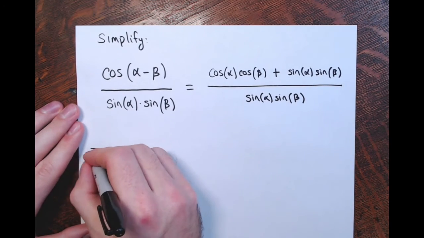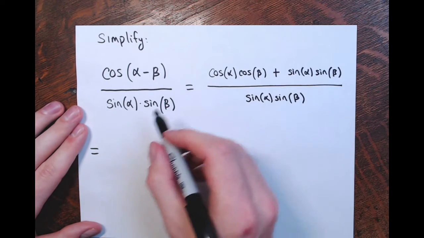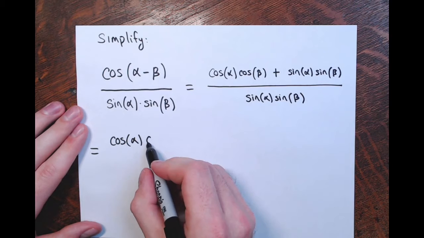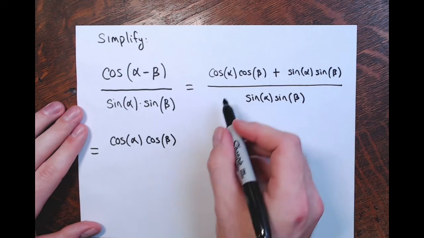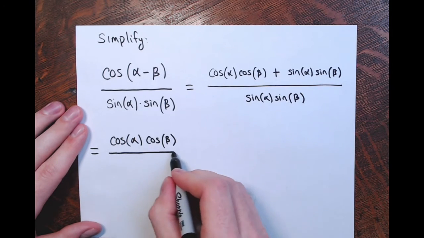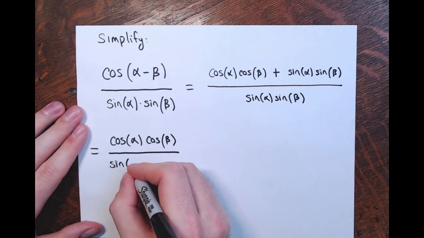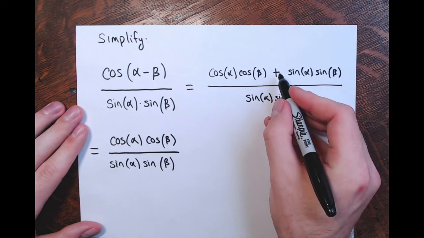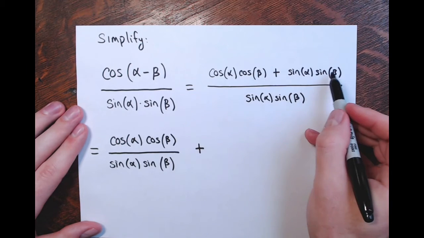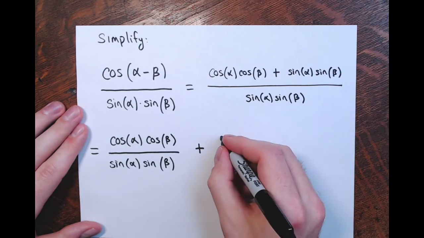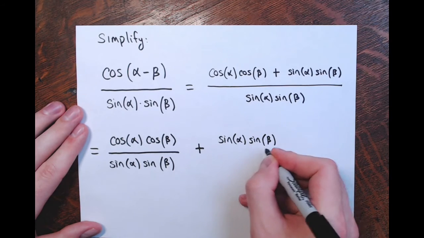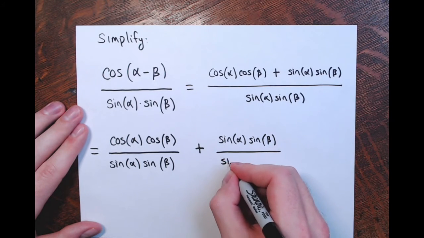So that fraction is equivalent to the first term, cosine alpha times cosine beta, divided by sine alpha sine beta, and then plus the second term, sine alpha sine beta, divided by sine alpha sine beta.